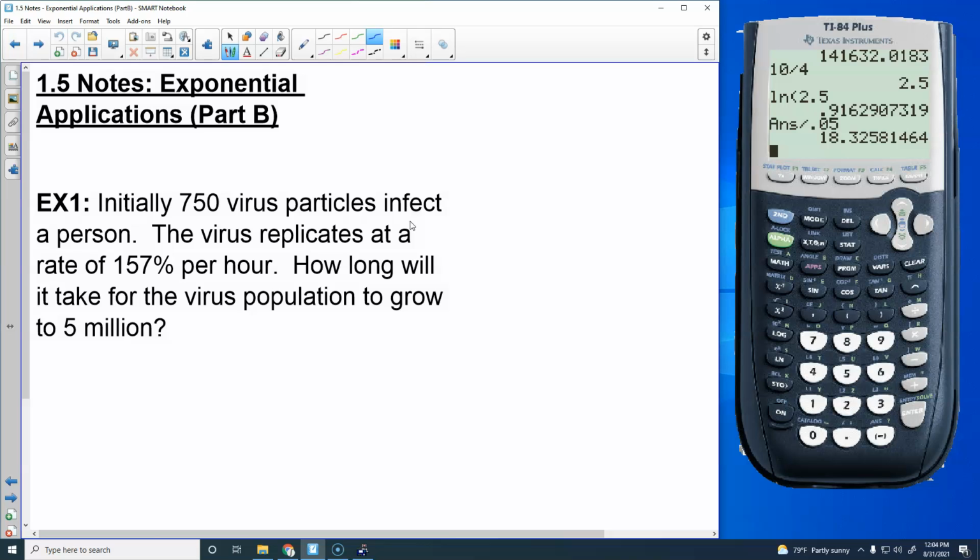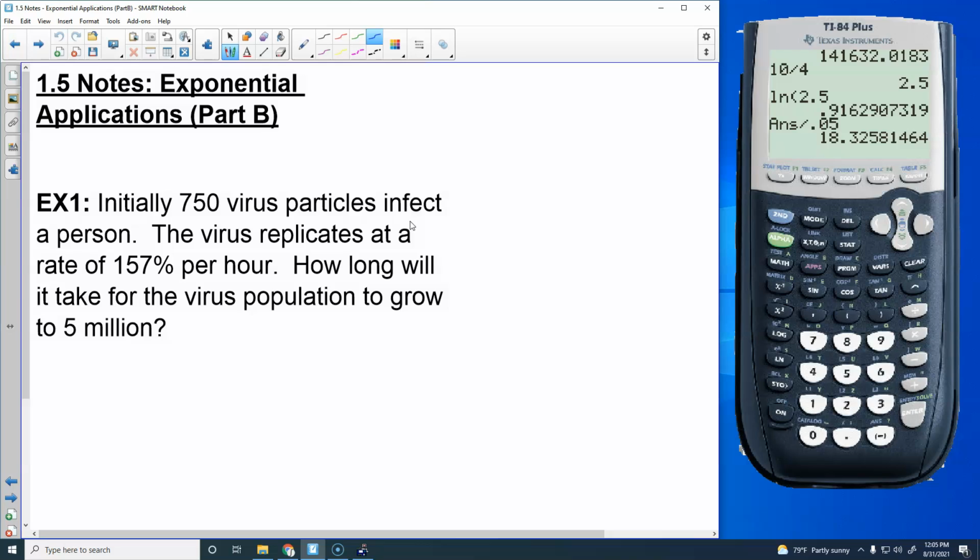There is the possibility to use either just regular exponential growth or continuous exponential growth here. Each one's going to give you a little bit different answer.